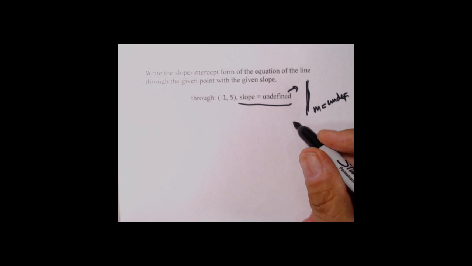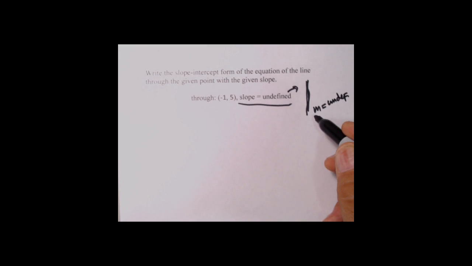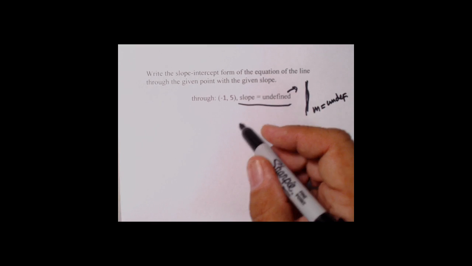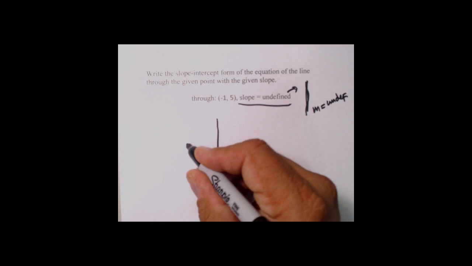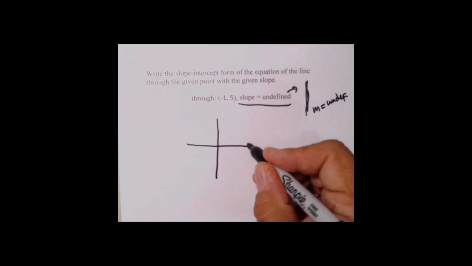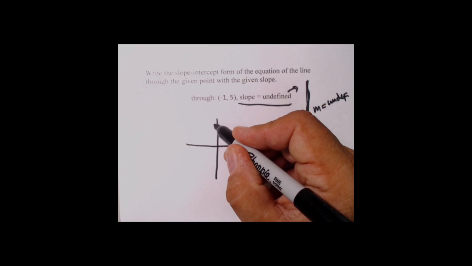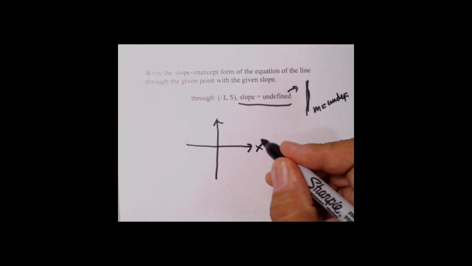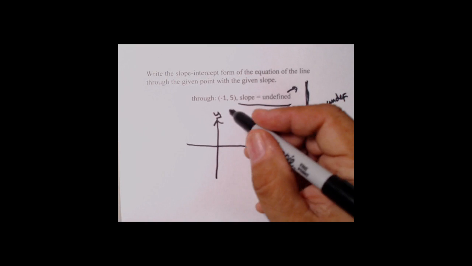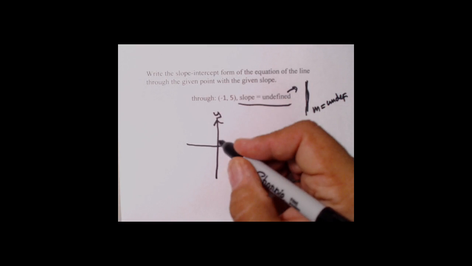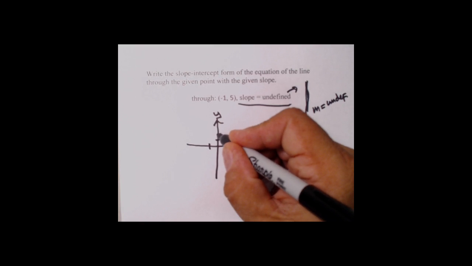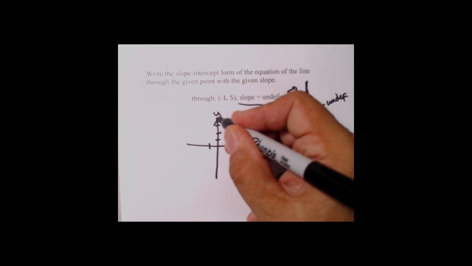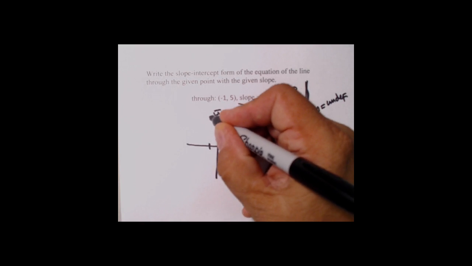So we can actually take a shortcut on this, and say, okay, where's my original point they gave? Notice it's not a y-intercept here because x is not 0 again. But let's plot where it is. X equals negative 1, and y equals 5. 1, 2, 3, 4, 5 would be up here someplace.